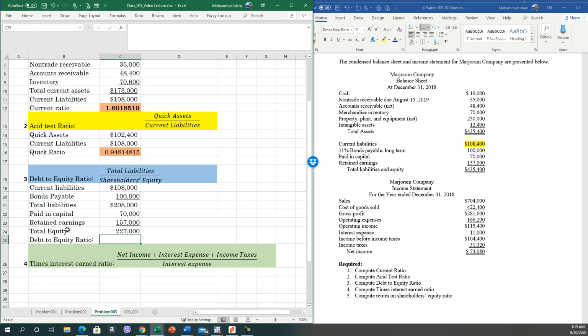And now debt to equity ratio would be equal to total liabilities divided by shareholders equity. So we have total liabilities of 208,000 divided by total equity. Okay, let me use a dollar sign before this one.